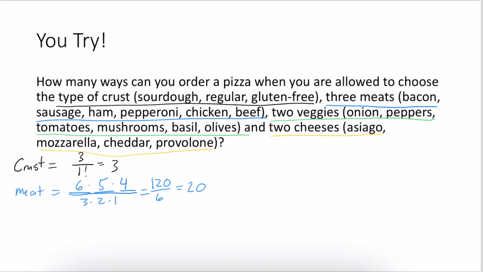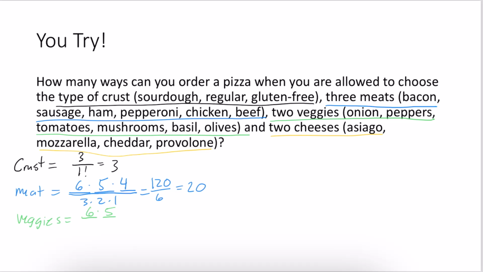Then when you're choosing your veggies, we are choosing 2 veggies, so we have 2 events that are happening, and there's 6 options for our first veggie, and then 5 options for the second one because we don't want to choose the same veggie twice. And the order that we put the veggies on doesn't matter.